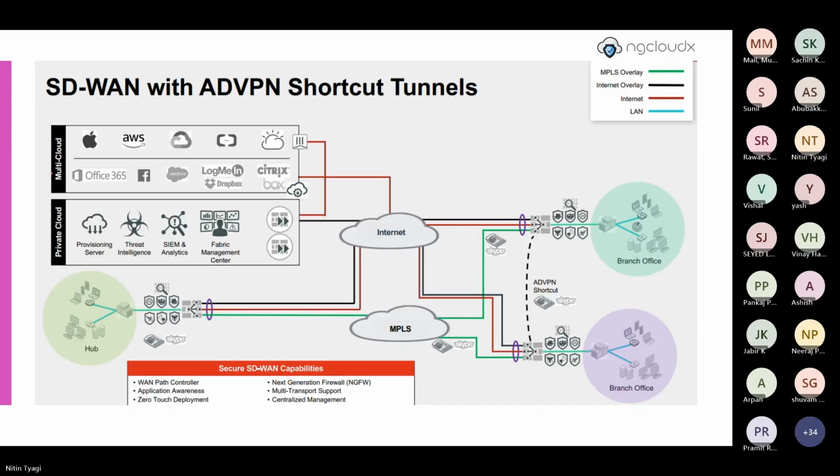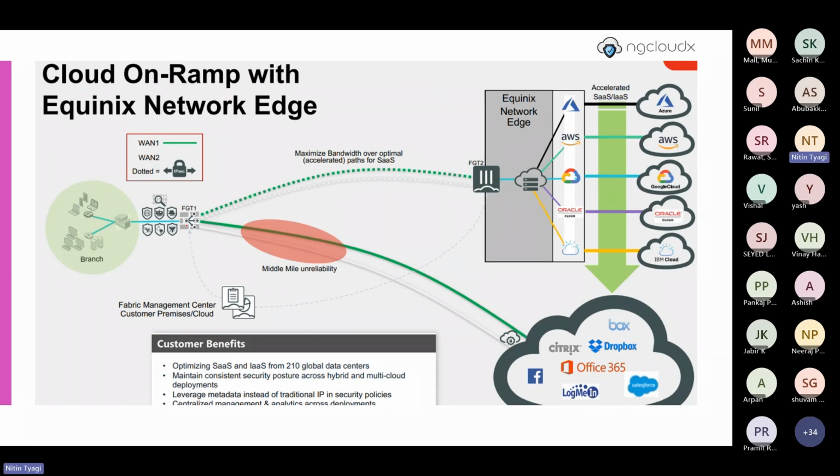Okay. Now cloud on-ramp. We have already discussed this, right? I have already shown you that Equinix is offering this Network Edge, and you can buy the compute. On that compute, you can spin up your virtual device. It could be SD-WAN, a Cisco router, anything, a firewall. And you can build the tunnel from your SD-WAN device to that device.